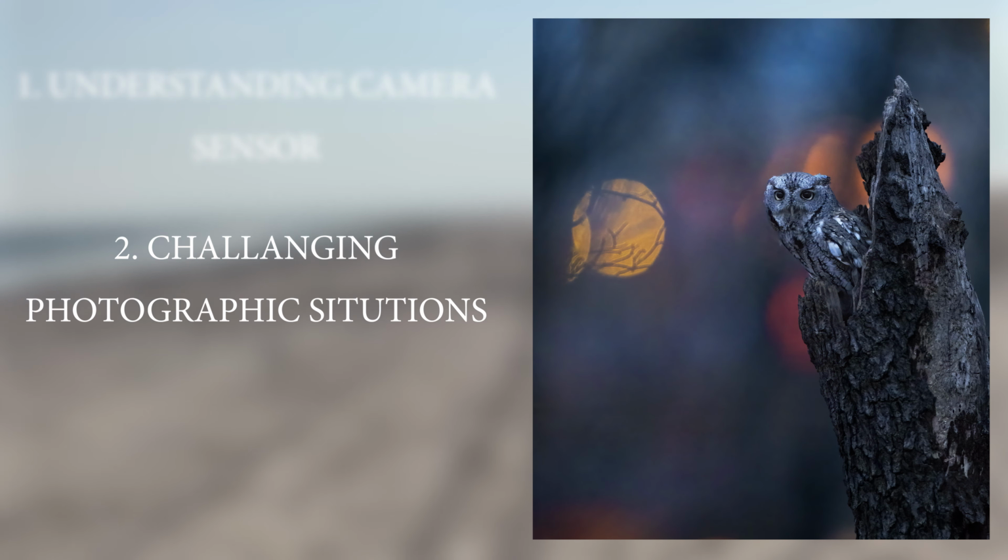in low-light conditions. Bird photography often happens in less than ideal lighting: dawn, dusk, or shaded forests. These situations demand higher ISO to maintain fast shutter speeds. Why? Birds move quickly, and a fast shutter freezes that motion, preventing blur.